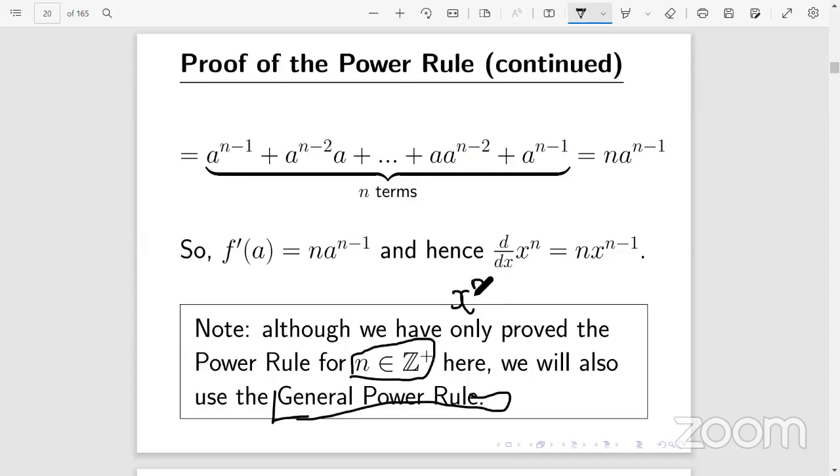Actually, n can be any real number. Let me not say any number, because being a complex number is something else. So n can be a real number, and whenever that is the case, we call it the general power rule, because this still holds when n is a real number.